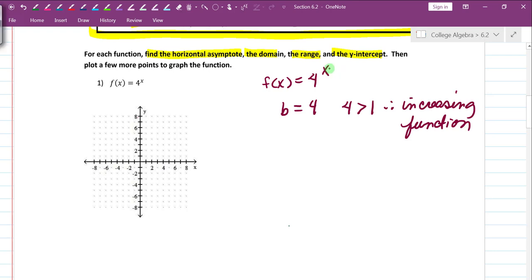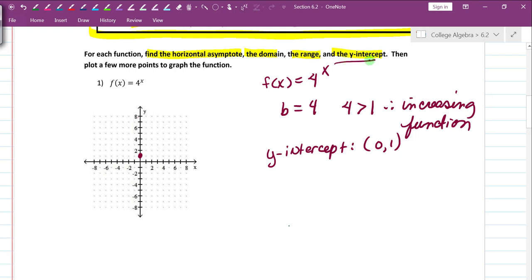You're going to notice there's no horizontal shift and there's no vertical shift. There's nothing else over here at all. So that tells me that the y-intercept is still the point (0, 1).